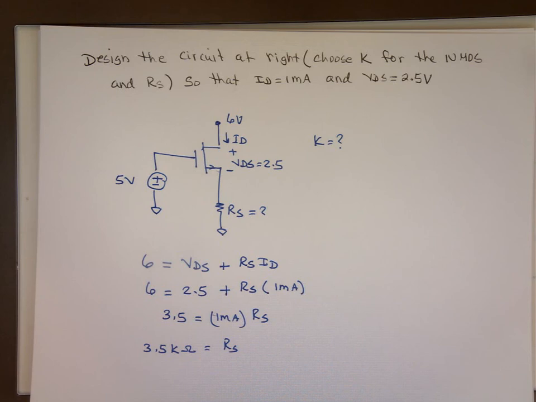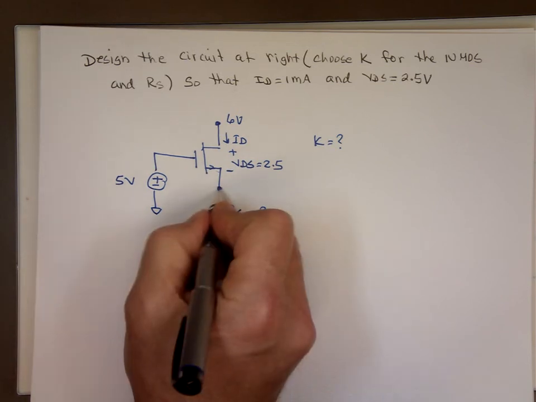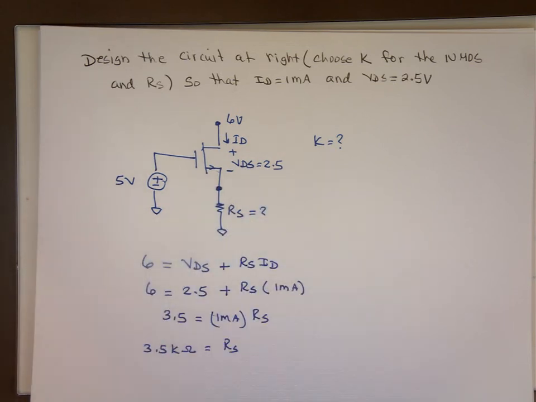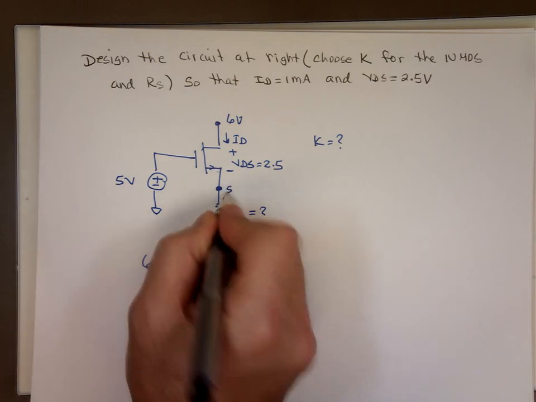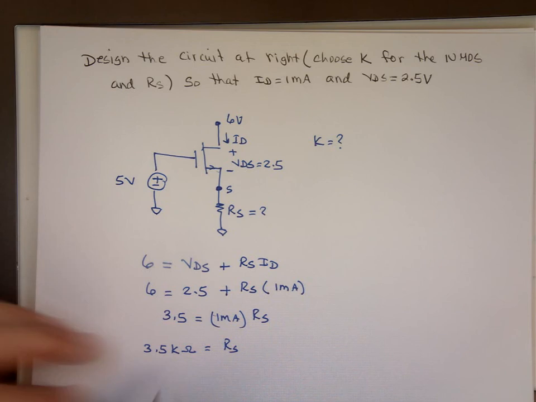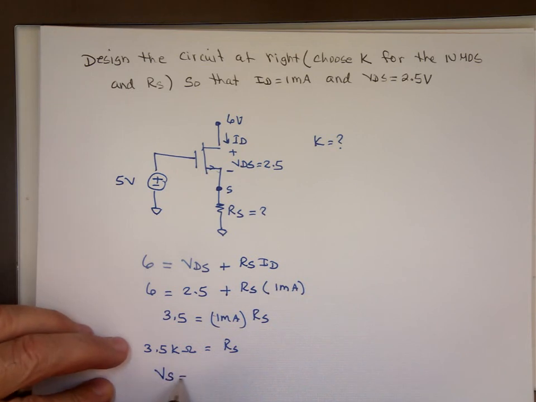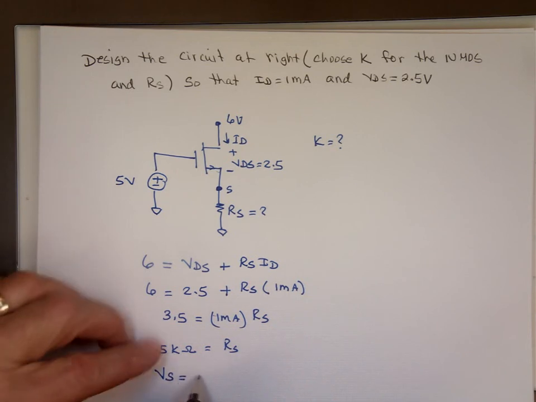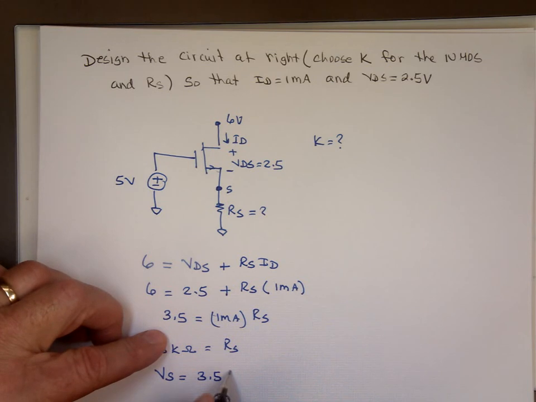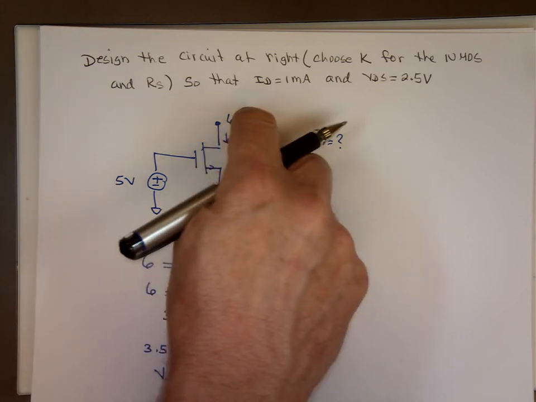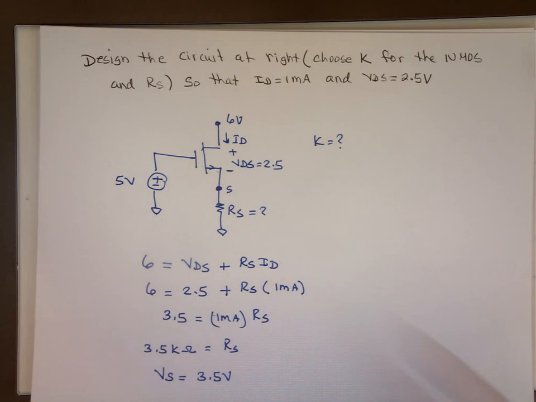And if I know what that is, can I find what this value, what VS is? VS should be 3.5 volts. It's the 6 minus the 2.5, which is the 3.5. And this is VG here.